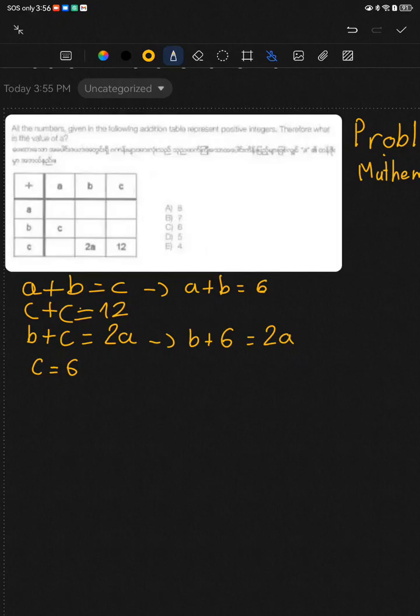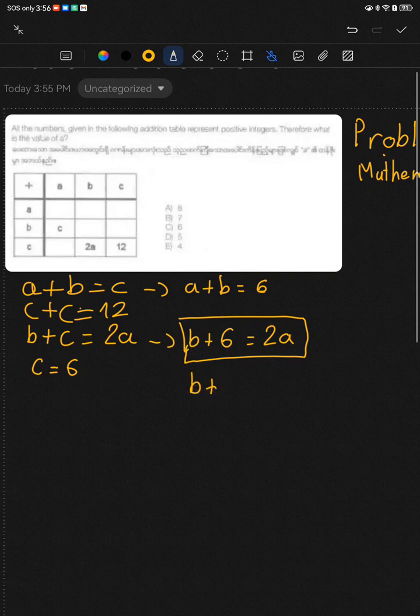Do you see the trick? What happens in this equation? We add a to both sides. b plus 6 plus a is equal to 2a plus a.